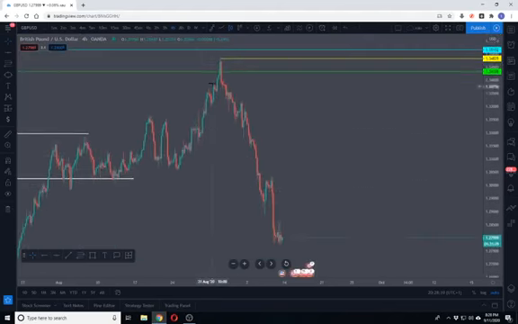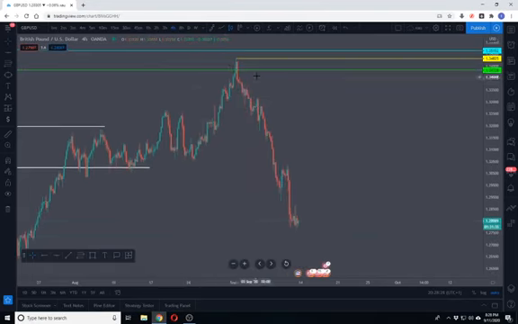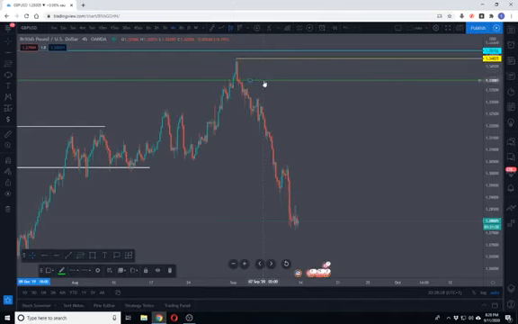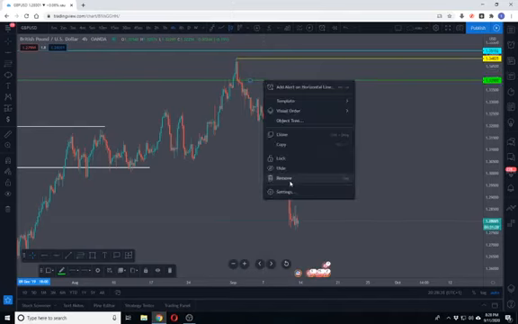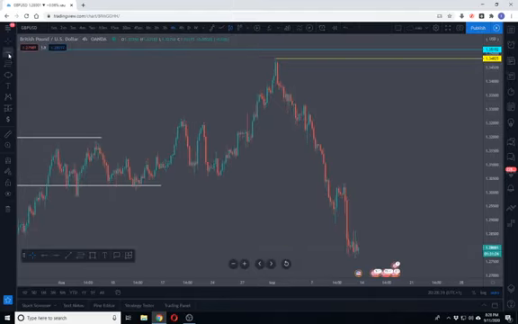When price finally gives me my alert, I can close my alert, remove it, and start paying attention to the lower time frames as price is approaching over here.